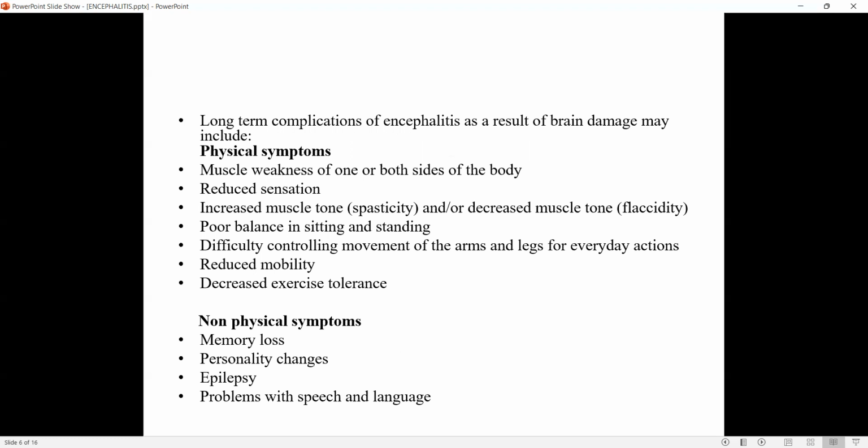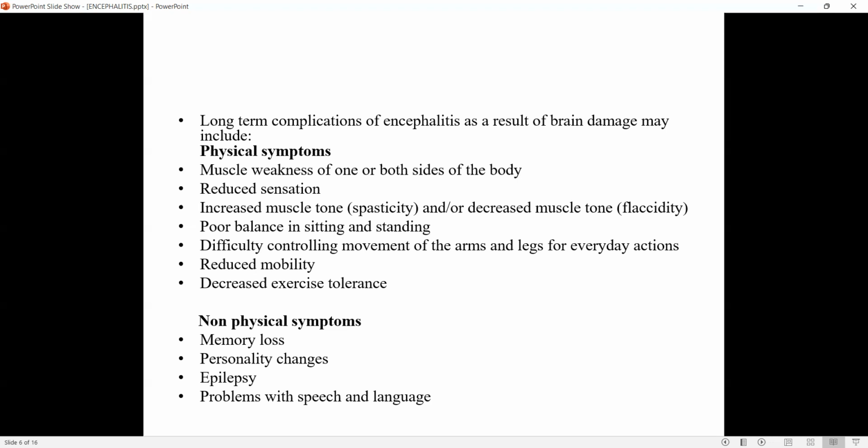Long-term complications of encephalitis as a result of brain damage may include physical symptoms: muscle weakness on one or both sides of the body, reduced sensation, increased muscle tone, spasticity, or decreased muscle tone, flaccidity, poor balance in sitting and standing, difficulty controlling movement of the arms and legs for everyday actions, reduced mobility, decreased exercise tolerance.